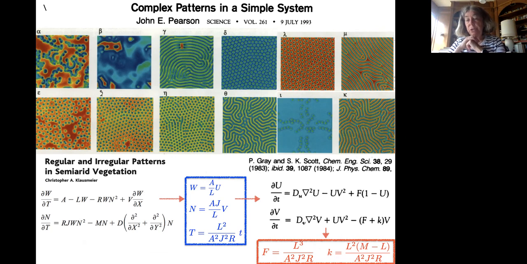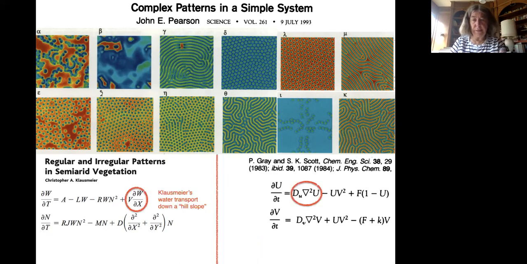Although one of the parameters which has to be positive in Gray-Scott is negative in Klausmeier. And then another difference is that for Klausmeier, he's thinking of the water transport on a hill slope. And so there's an advective term that is how the transport happens for the water field, whereas in this chemical setting, it's diffusion.